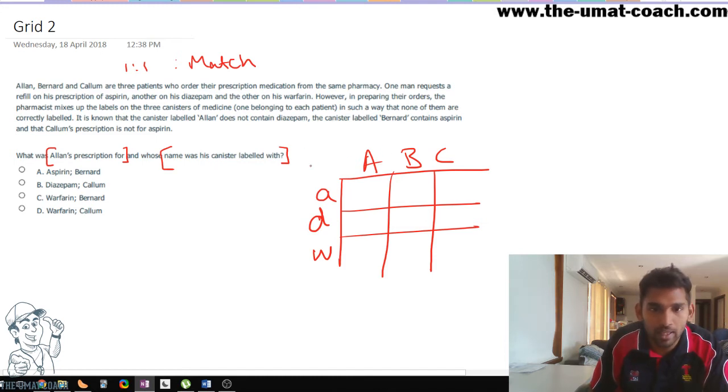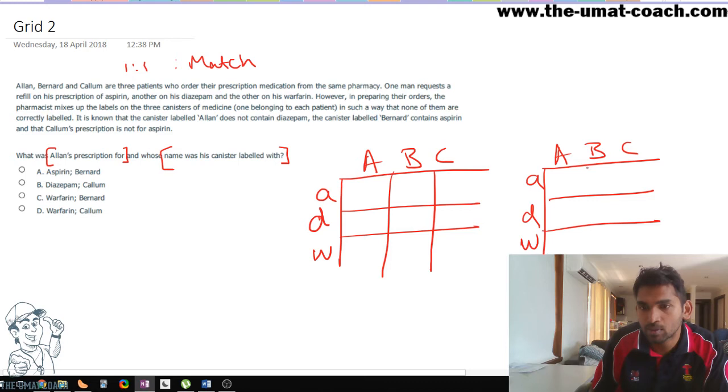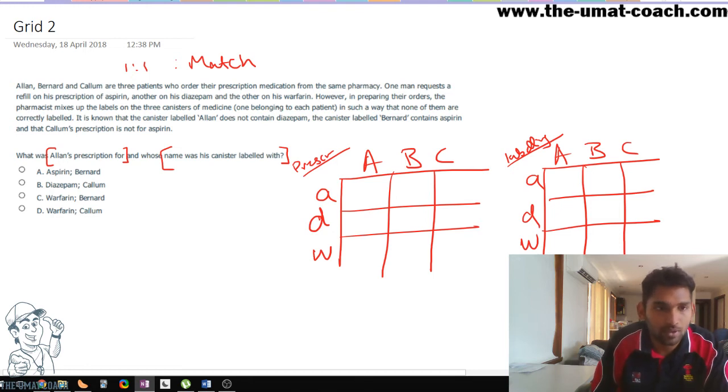What you need to do is draw two grids, A, B, C, with the same labels. The first one you assign to who the prescription was for, and the second one is what the labeling is, because it's two different sets of information.